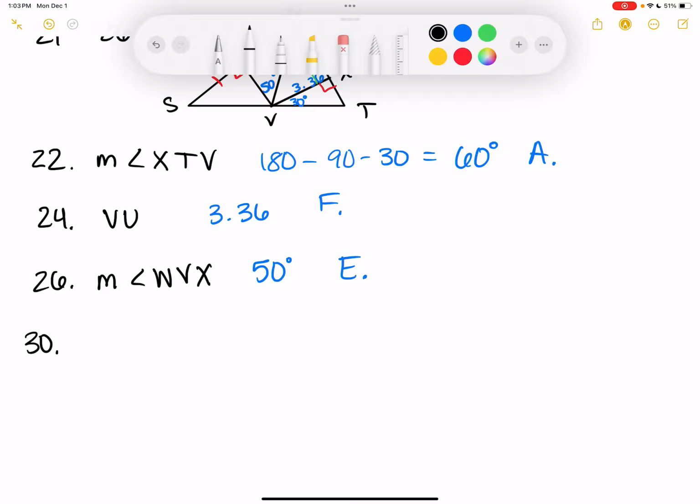Use the diagram shown. It is given that GJ is the perpendicular bisector of HK.